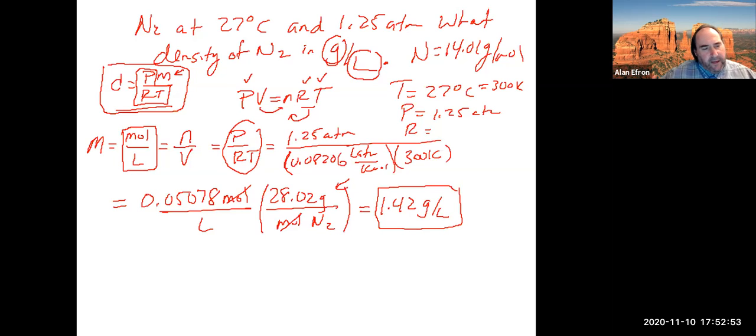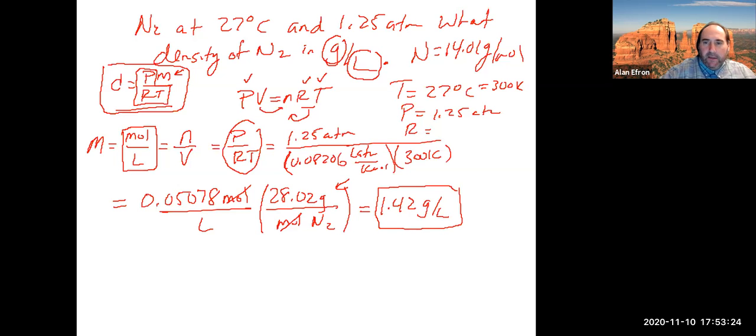So a good reminder: in case you blank out on that formula, I would always default to the ideal gas law and treat it like a conversion problem, and just try to get everybody into the right unit. So you'll usually be good in terms of doing density problems with gases like that, and also molar mass problems with gases. Any questions on where I got any of those numbers, or why I did any of those things?